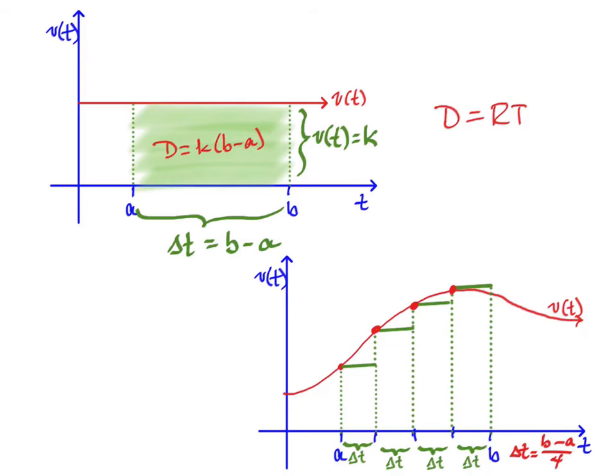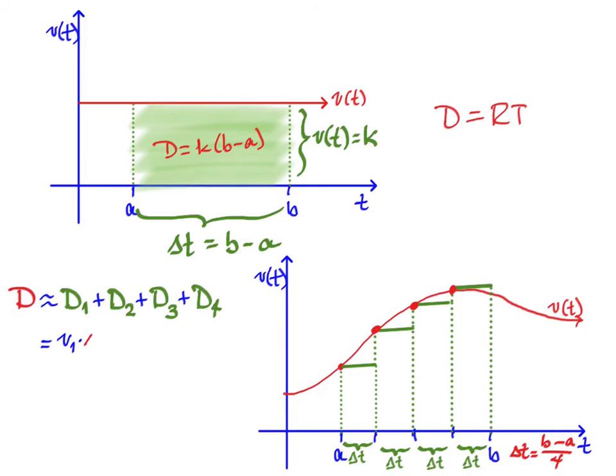The height of each rectangle gives us the velocity at the beginning of each of those time intervals. So if I set up the approximation for the distance that I've traveled using this velocity function, it's going to be approximately the sum of 4 distances traveled on each of those subintervals. And the subintervals are all the same length, delta t.